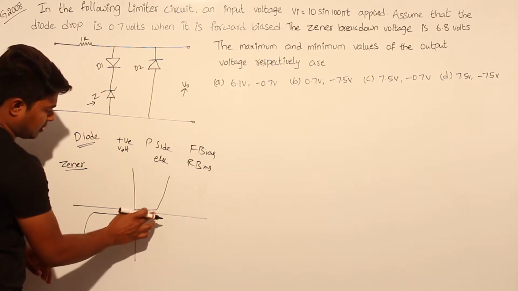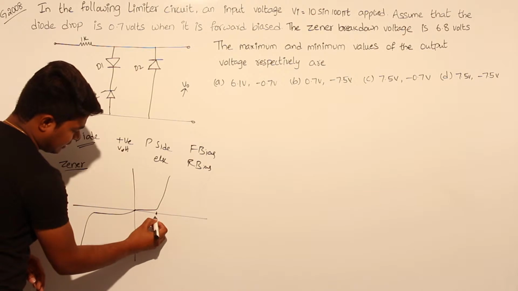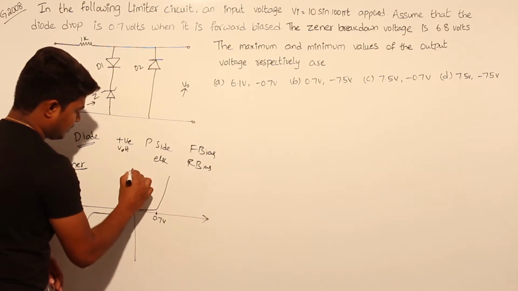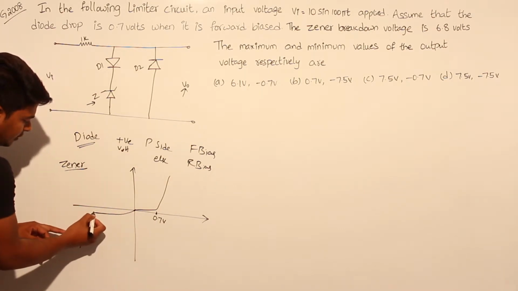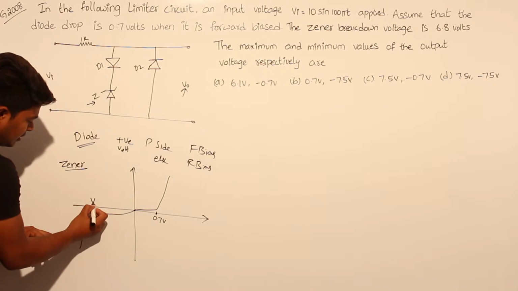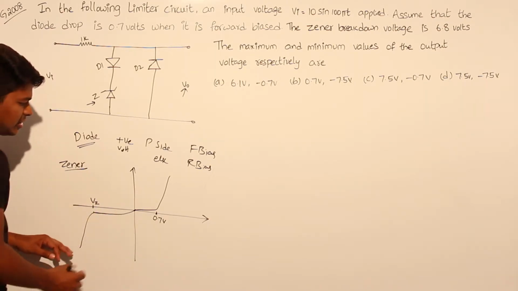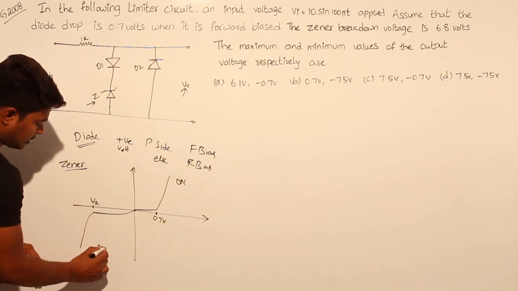Sorry if I am not drawing properly, but this will be 0.7 volts, and it maintains a constant voltage up to here. This point is called the Zener breakdown voltage, indicated by VZ. This is said to be the on state, and this is said to be the off state.